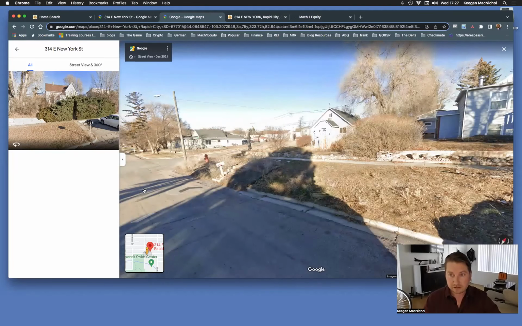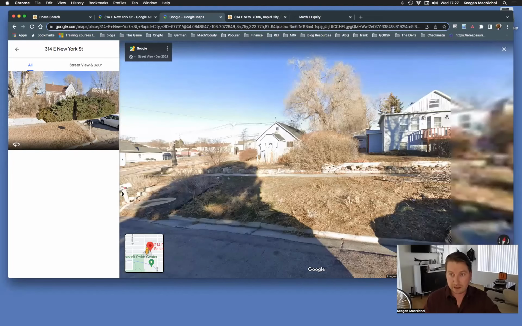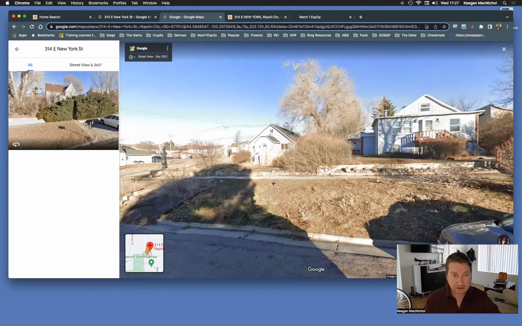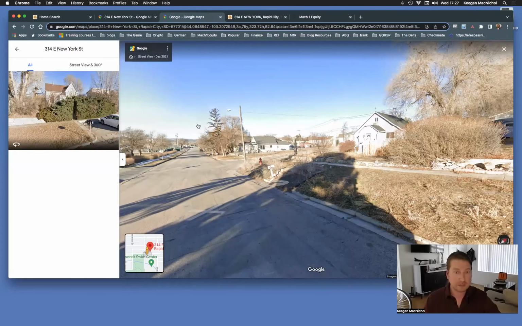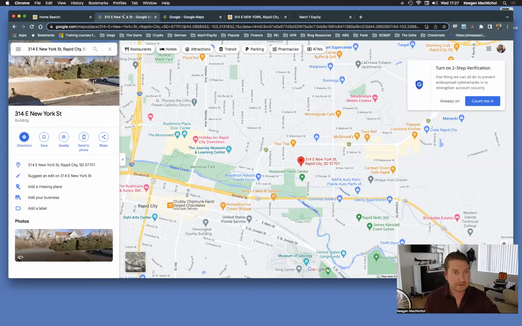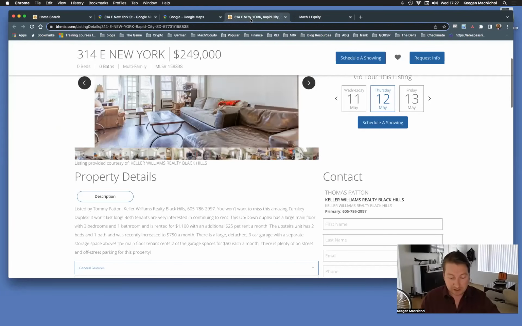And this looks generally okay. Again, it's probably not the nicest, but it's nothing so far that I'm scared about. And if I was doing this for real, I'd probably go around the block and really get familiar. I'm not going to do all of that for you right now. But that's basically what you're going to want to do.